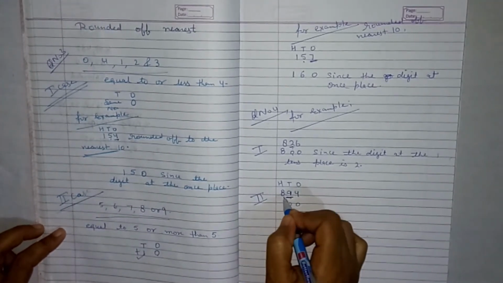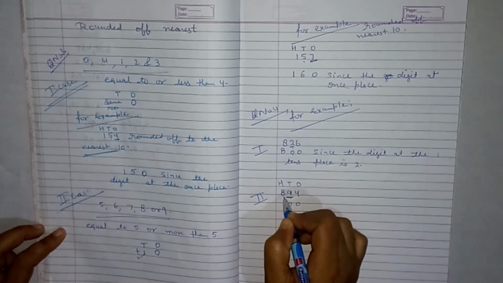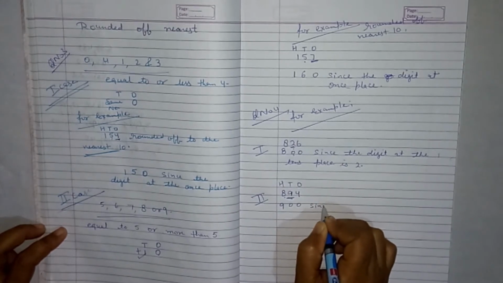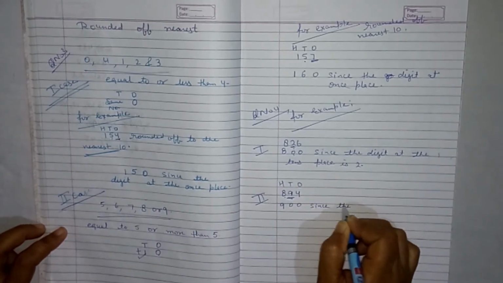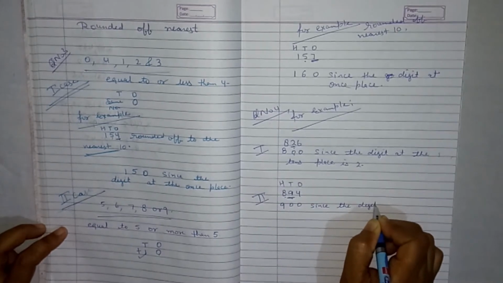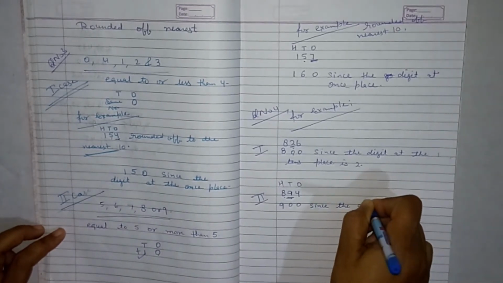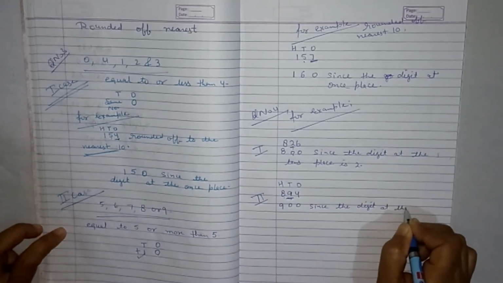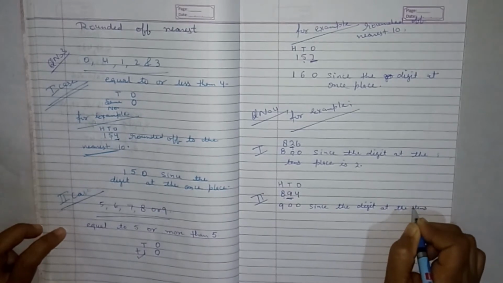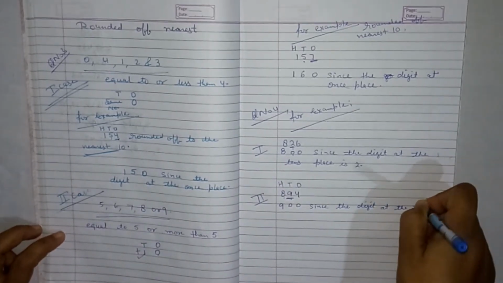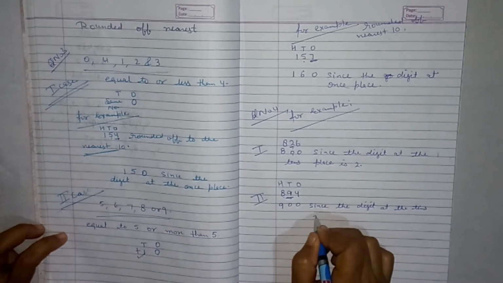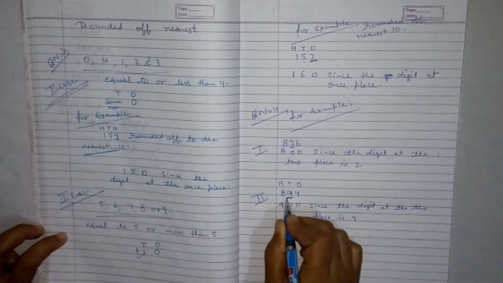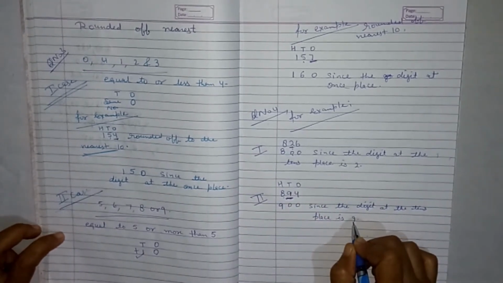Now what about the hundreds place? It should be 1 plus 8, which is 9. So 900, since the digit at the tens place is 9.